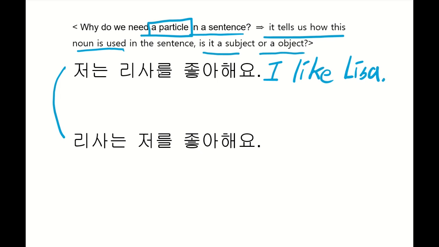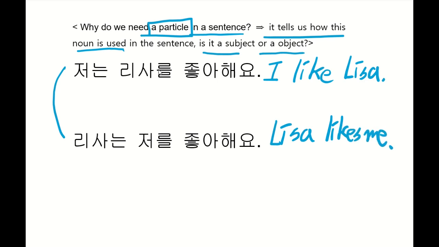In this video, we are solely focused on the particles. The other parts we're going to deal with in other videos later. And this second sentence: 리사는 저를 좋아해요. It's translated as Lisa likes me.